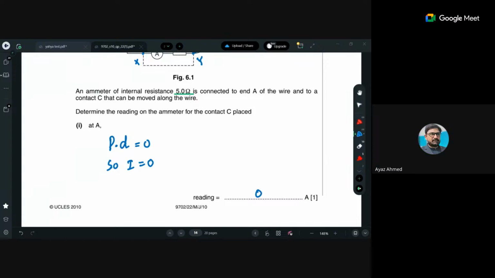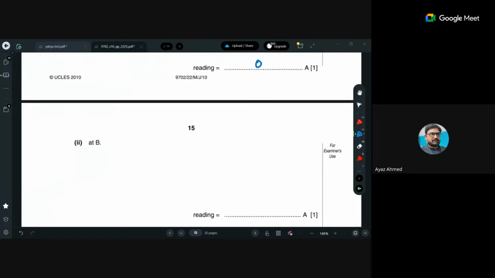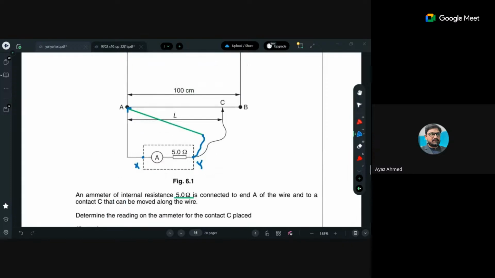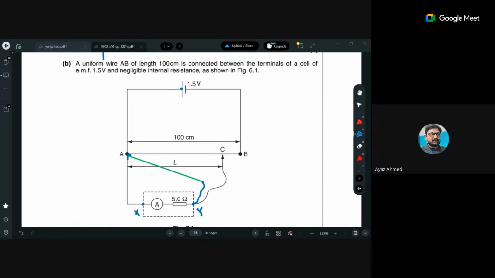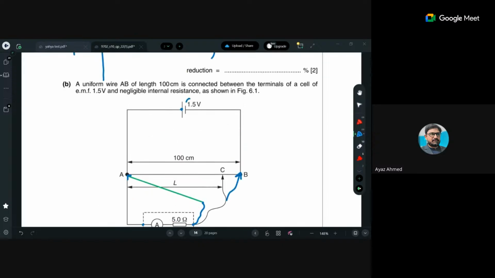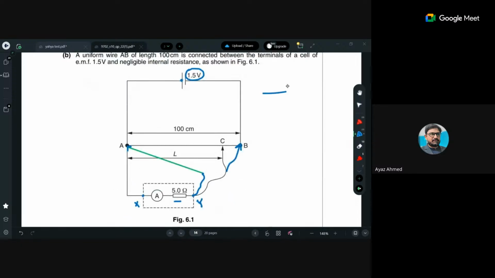Then at B, this one. For B, when you have connected the contact at B, the entire length is basically across this one. This is your point B. So the complete 5 ohm resistor is supplied by the 1.5 volt power supply. The circuit just shrinks like this: a 1.5 volt power supply, then an ammeter and a small resistor over here.